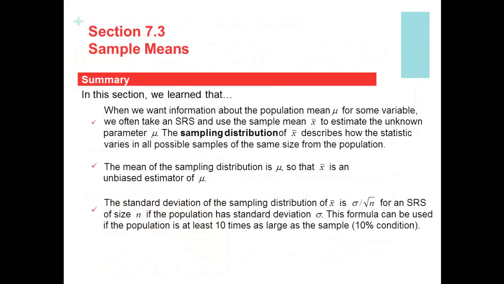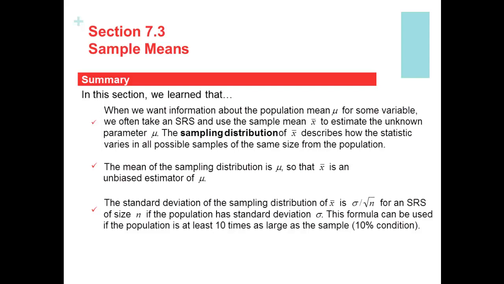Quick lesson summary over section 7.3. When we want information about a population mean, mu, for some variable, we often take a simple random sample and use the sample mean x bar to estimate the unknown parameter mu. The sampling distribution of x bar describes how the statistic varies in all possible samples of the same size from that population.